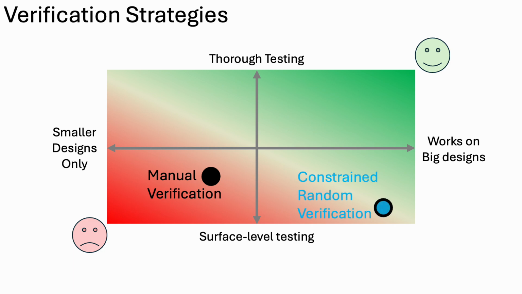And then we have constrained random verification, which is even more surface level, but at least scales to larger designs. The next type of strategy is actually the polar opposite. It's called formal verification. It sits here on this spectrum, and you can see that it's very thorough, but has a really hard time scaling to larger designs.